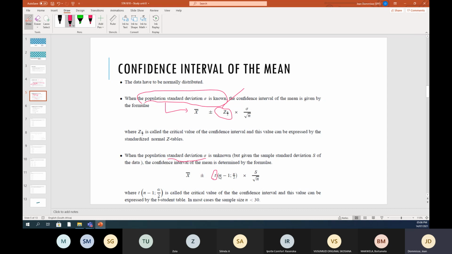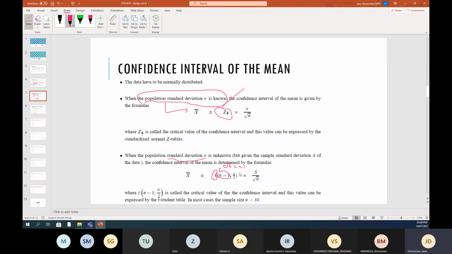The tables will be sent to you before the exam, but any tables that you have access to, you can use. The first part to get to the t is your degrees of freedom, which is always calculated as the sample size minus 1.